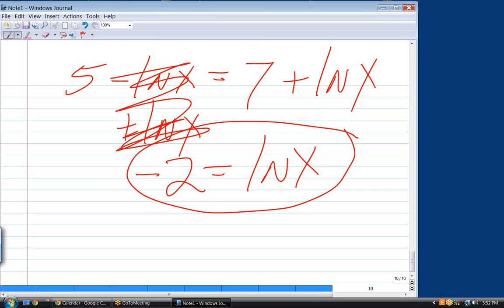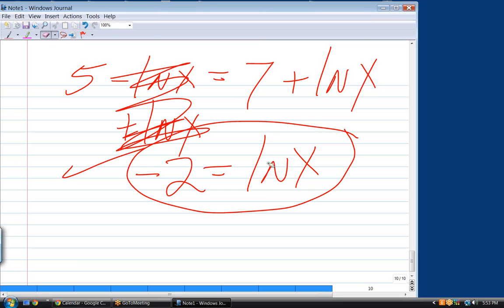Whenever you're trying to simplify a logarithmic expression, put it into an exponential expression. And then you'll see what the answer is going to be. So put this in an exponential expression. What's the base right there? 10.